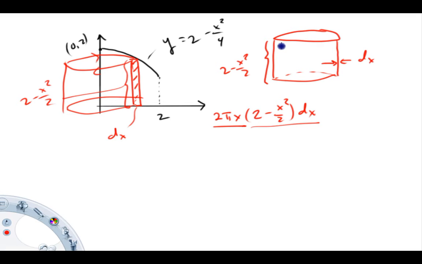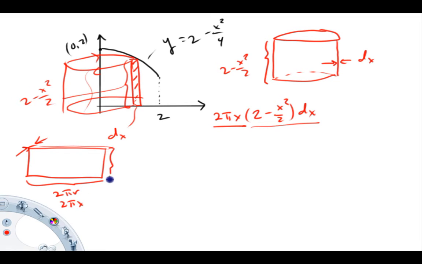You can also get that by imagining cutting this and flattening it out, and you'd have a rectangle. The thickness of the rectangle, that's your dx. This distance is the 2 pi r, or in this case 2 pi x. And this distance would be the 2 minus x squared over 2.